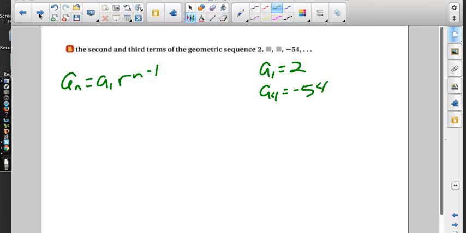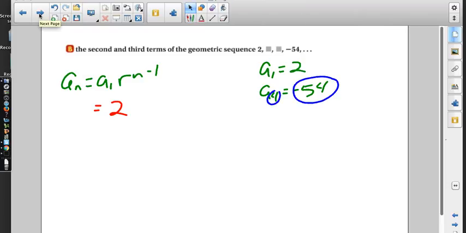So let's see. I know that a sub 1 is 2. I'll put that right here. There must be some way for me to use this 4 and this negative 54 to figure out what that r is. And there is. This is n. And this is what you get when you put n in. So that means it's going to go over here.